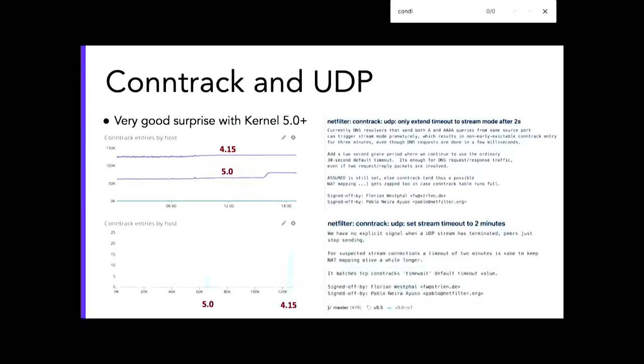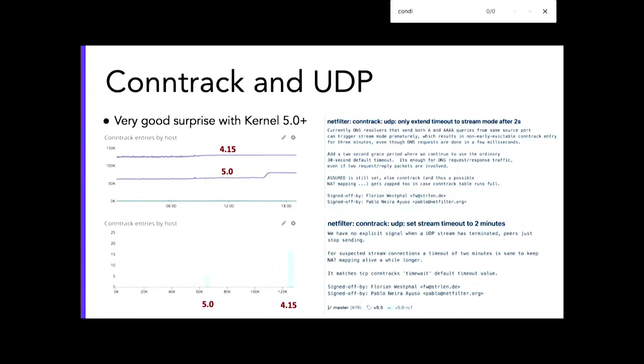Another thing is we had a very good surprise with kernel 5.0. In this example here, you can see that we have a set of containers backing the DNS service, and we were very surprised that the number of entries in the conntrack was very different.